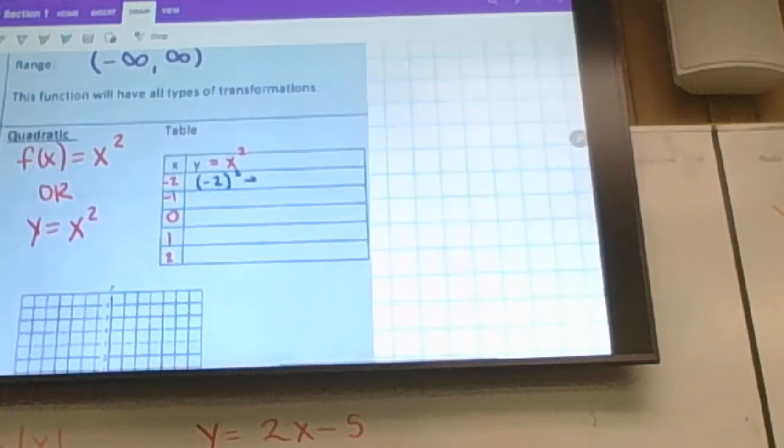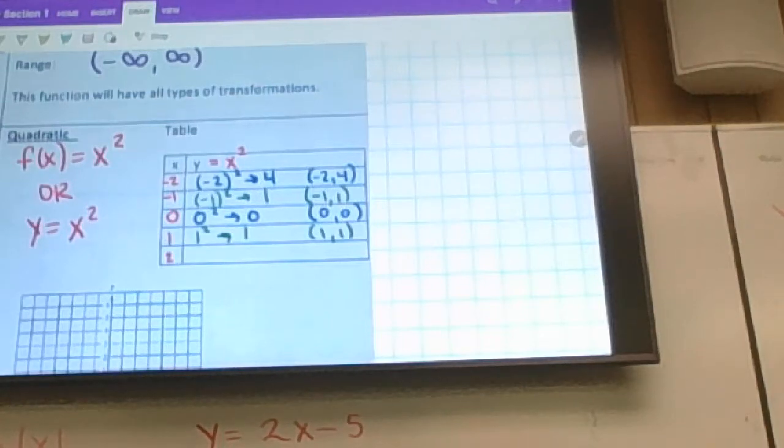Let's get our sign right here. That is a positive 4. All right. What is -1 times -1? Positive 1. So squaring something also makes it positive. 0 squared is just 0. 1 squared is 1. 2 squared is 4.